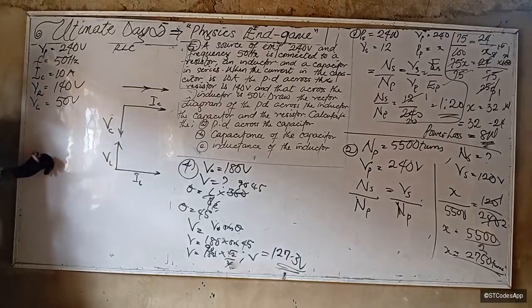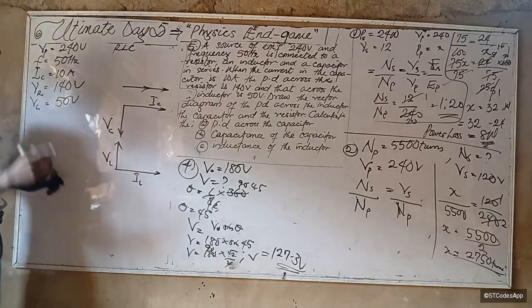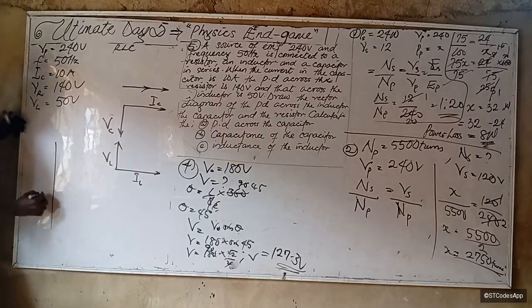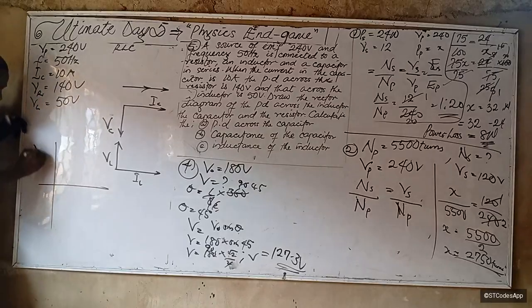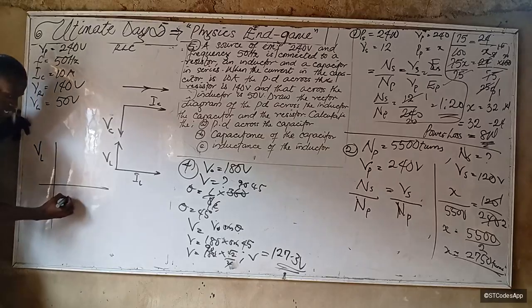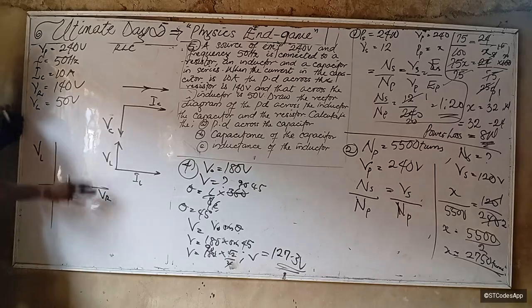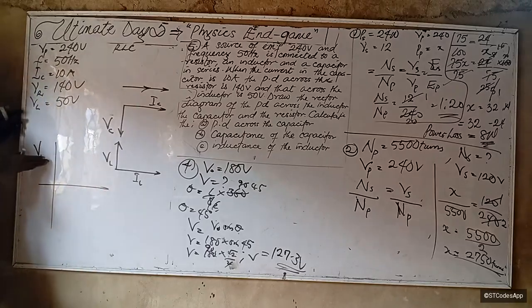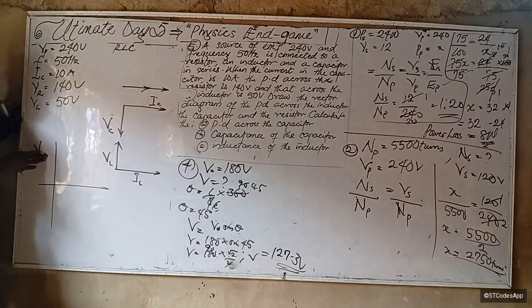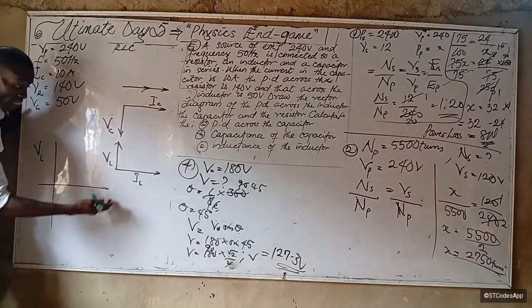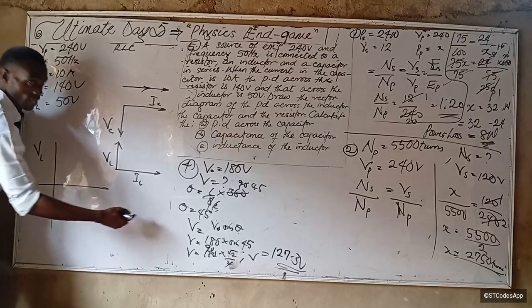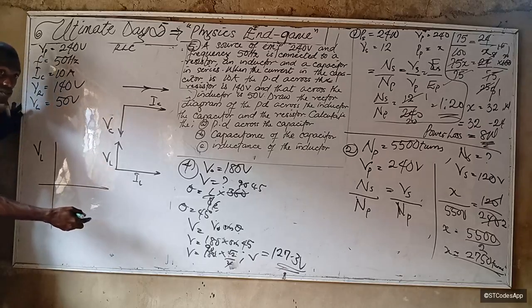Do we understand? By the time we combine these three, what do we have? We have a shape like this. Who will be up? V sub L. Who will be here? V sub R. Now, you could use V sub L here, V sub R and I. Do you understand now?